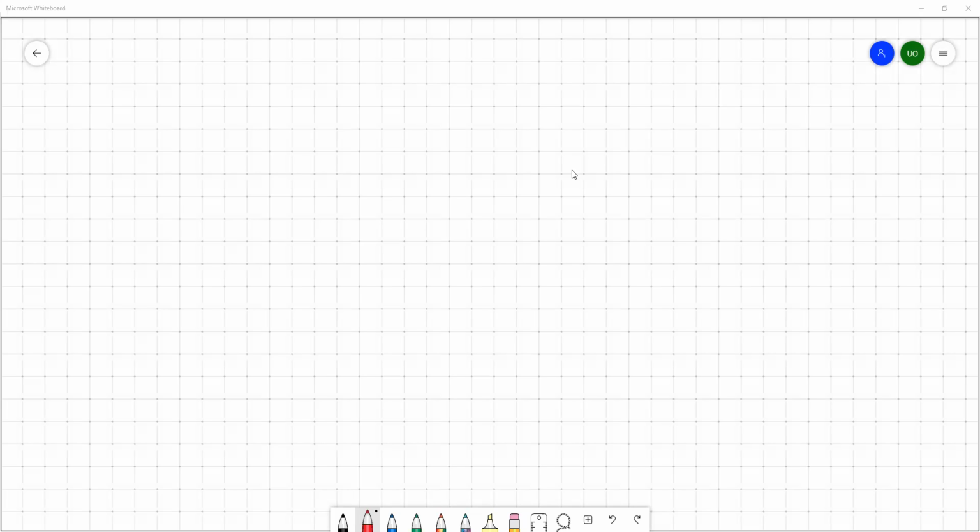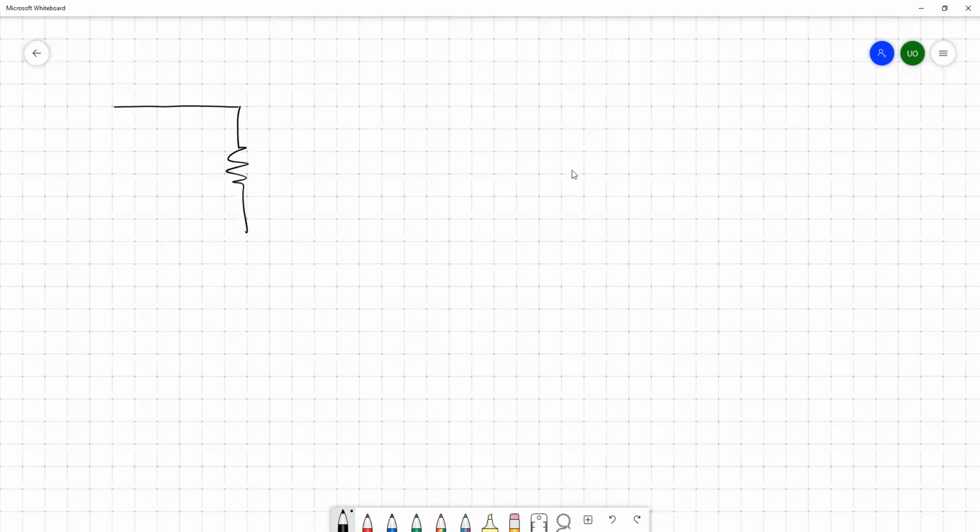So we basically considered this very simple circuit having a resistor and a capacitor, R and C, and we claimed that this particular capacitor has an initial condition of V naught at t equals 0.